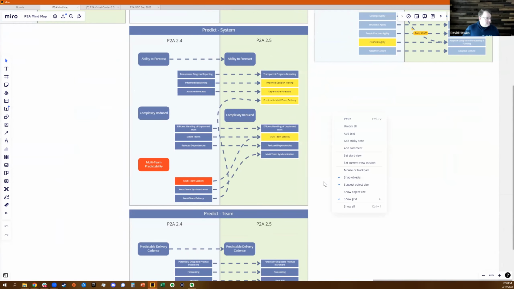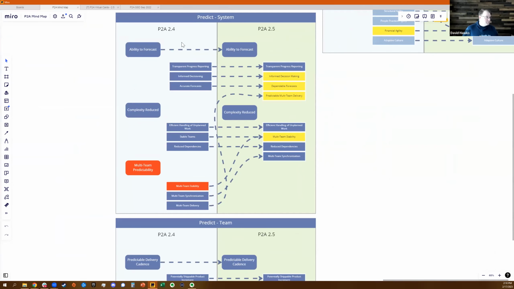Then the system level, Predict. So we did a lot. The third thing that we did was take a refinement lens to Predict System and Predict Team, to ask: are there opportunities to enhance, to make something more concise, to maybe reduce some duplication in some cases?